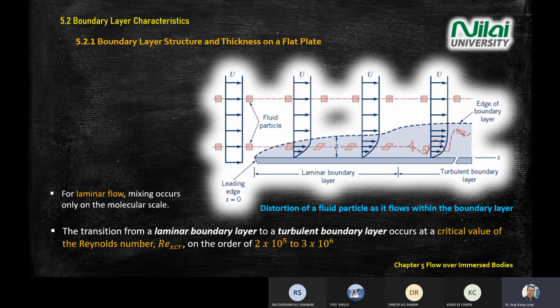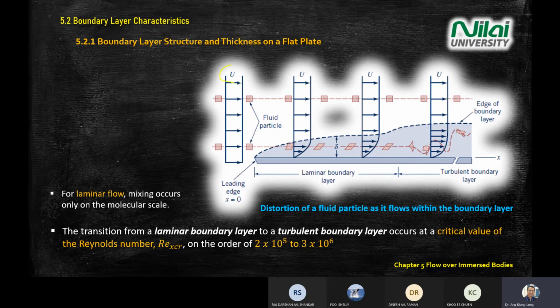Okay, this dashed line we call boundary layer. What is meant by boundary layer? Boundary layer means a thickness of liquid that gives you near to 99% of the upstream.